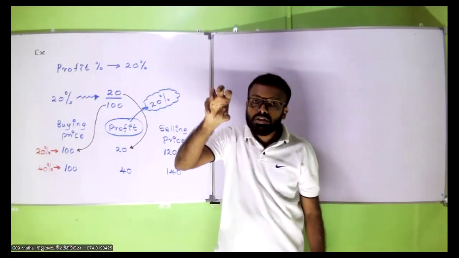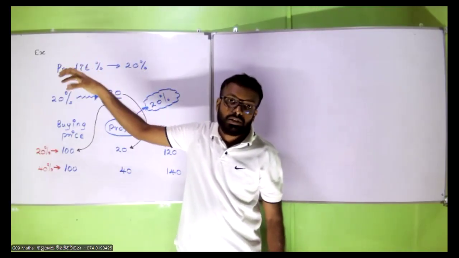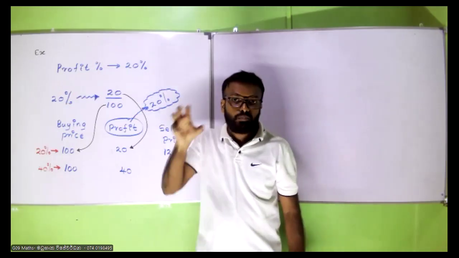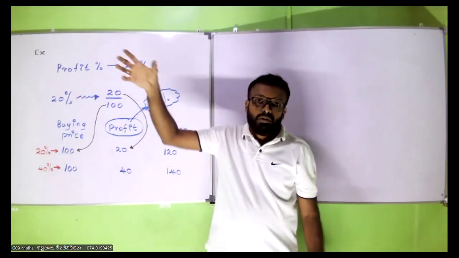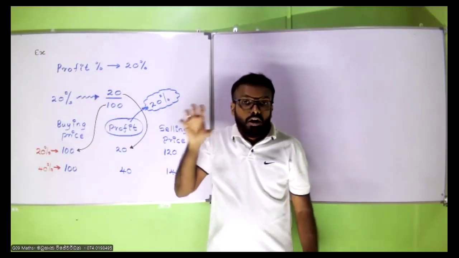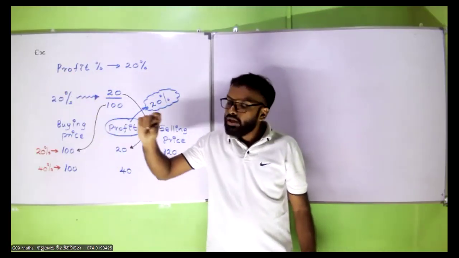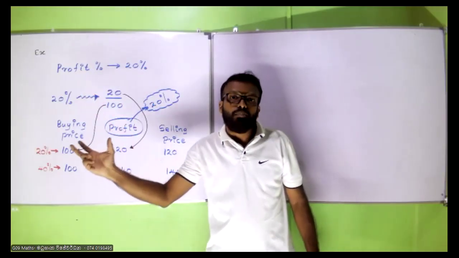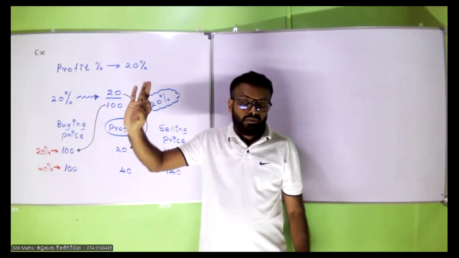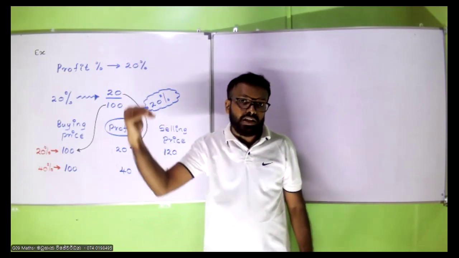Then loss equals buying price minus selling price. Then we know how to calculate the profit percentage. Profit percentage equals profit divided by buying price multiplied by 100%. Loss percentage equals loss divided by buying price multiplied by 100%. Correct?